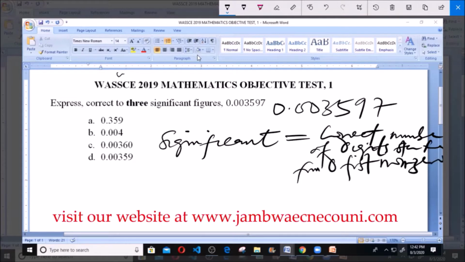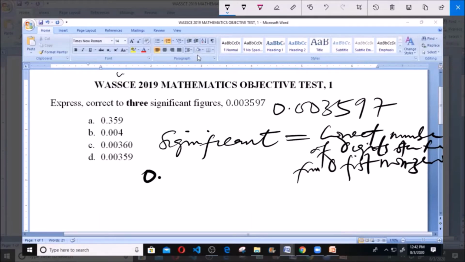Now, in this particular question, 0 is a number, but it is not a non-zero digit. A non-zero digit is a digit that is not equal to 0. So 0.00. Now they said three significant figures. 3 is the first non-zero digit, so we have 3. We start counting from 3 now because this is the first non-zero digit.